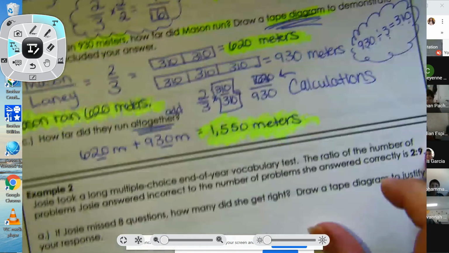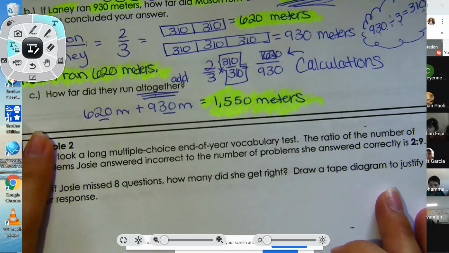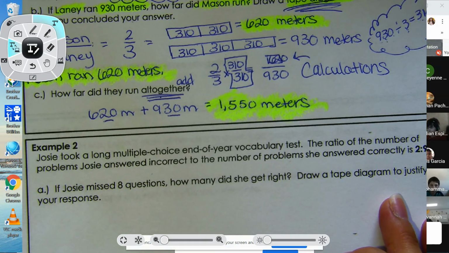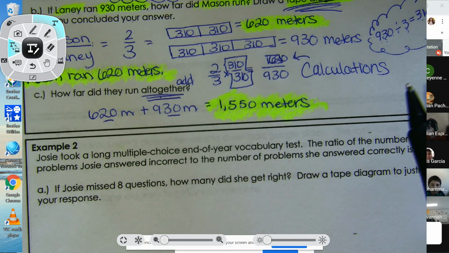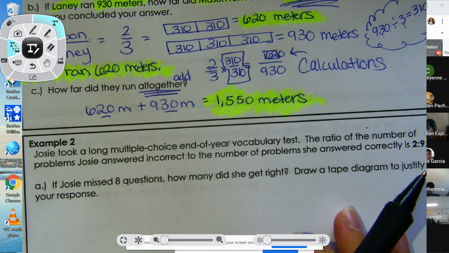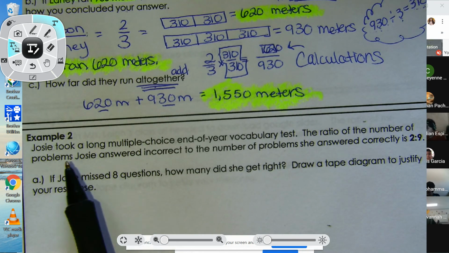Okay, there you go. All right, so we have a little bit more time. We'll be running over just a little bit, so just hang in there with me. We're going to do one more example.